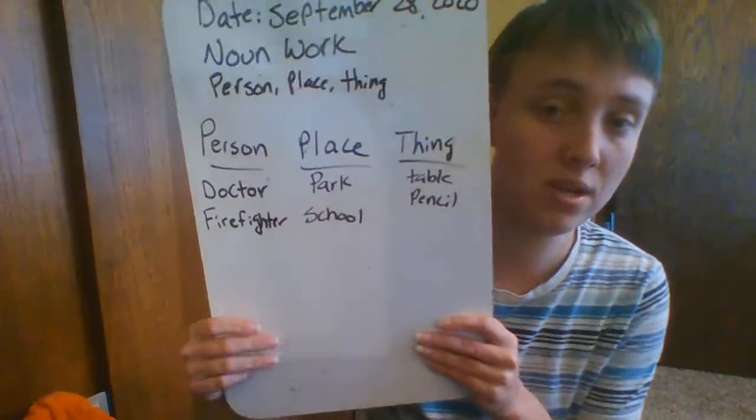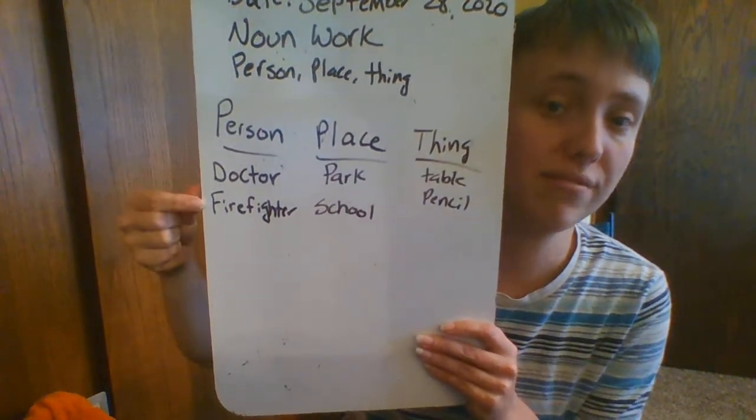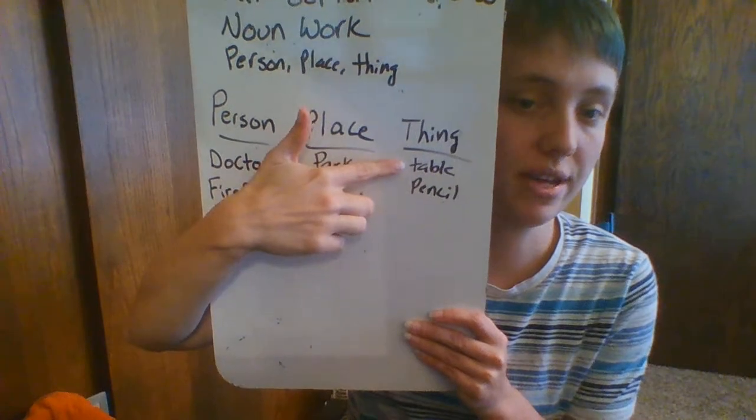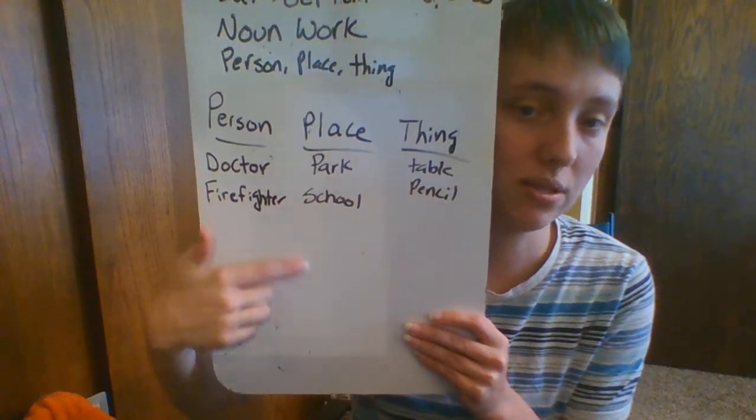And for things, I have table and pencil. I am doing this on my whiteboard because it's easier for you to see in the video, but I want this to be done in your binder in the language section so that you have it for when we come together next. Underneath person, I put doctor and firefighter. Underneath place, I put park and school. Underneath thing, I put table and pencil, and I'll keep my list going as I would put more out.